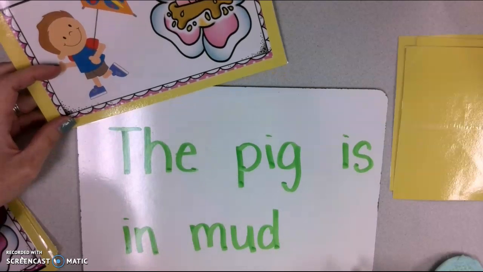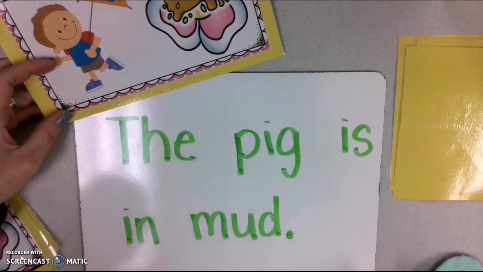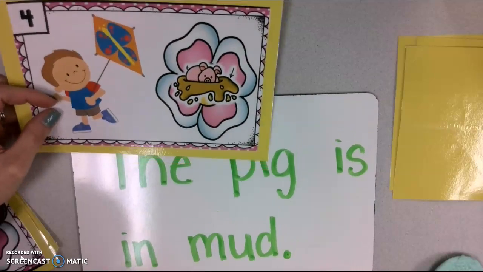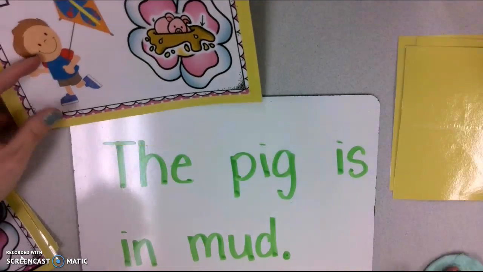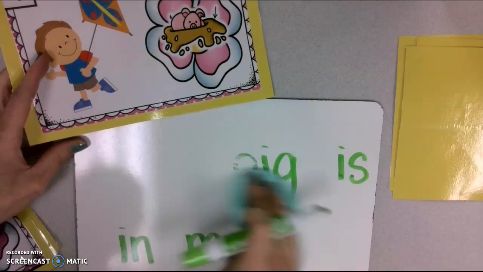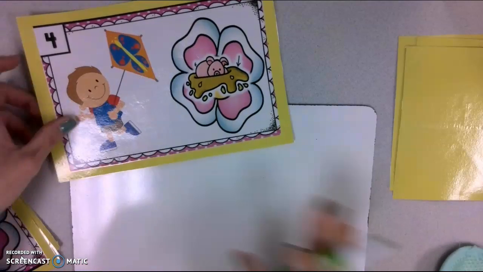Are we done? Not yet, because we need punctuation. The pig is in mud. That's exactly what this picture is showing us. Awesome job. All right, let's go to our next picture.